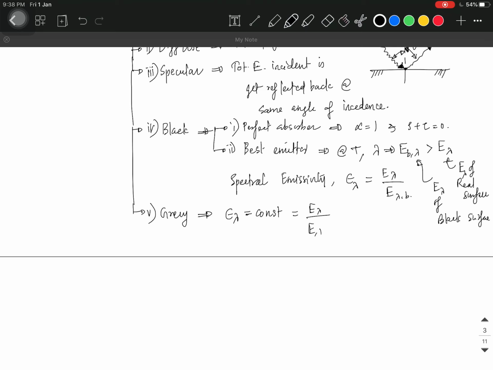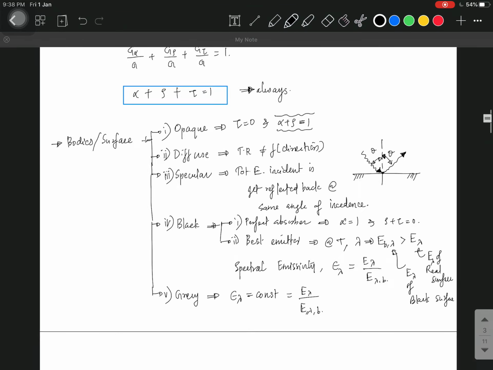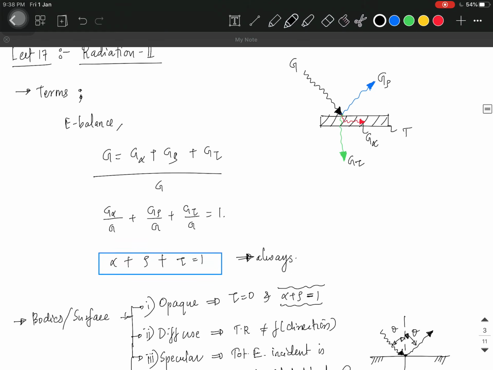So a surface or body in which E lambda by E lambda b is constant is called the gray body or gray surface. So these are the 5 types of bodies.